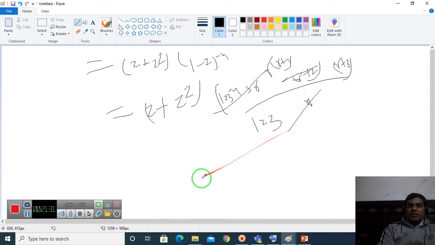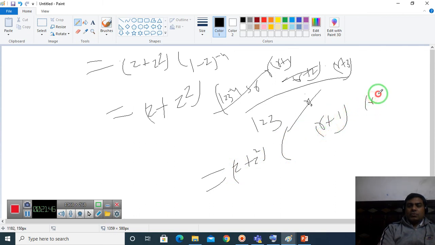This will cancel out and it becomes z plus z square, and r plus 1, r plus 2 and r plus 3, divided by 6. If you multiply by z to the power 1, it will increase z to the power 1.